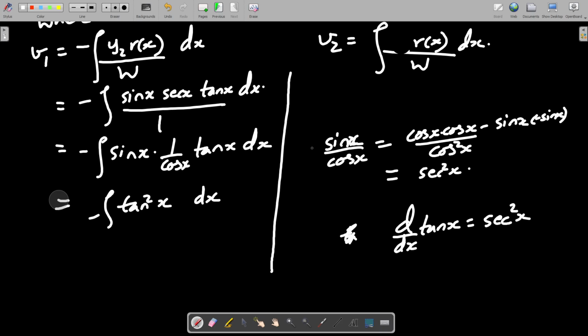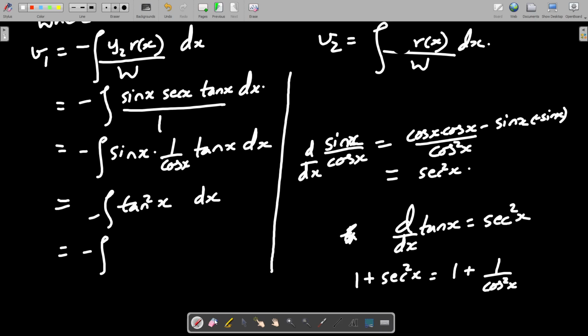Okay, so that is the derivative of tan x. And we also know that, what is going to be 1 plus tan square x?